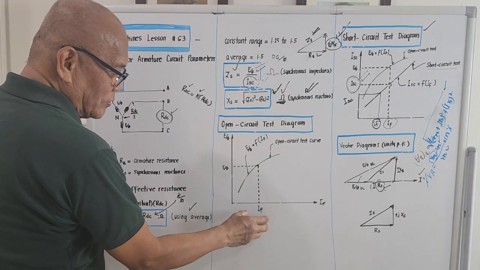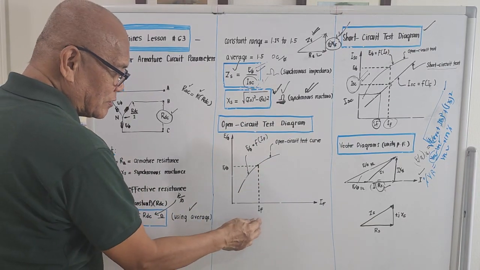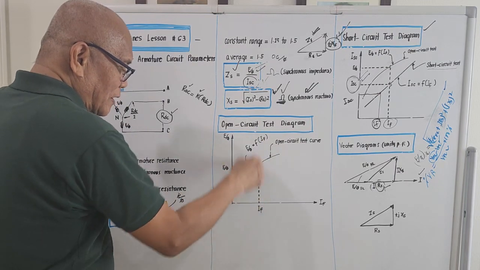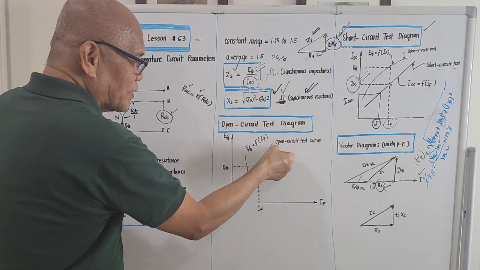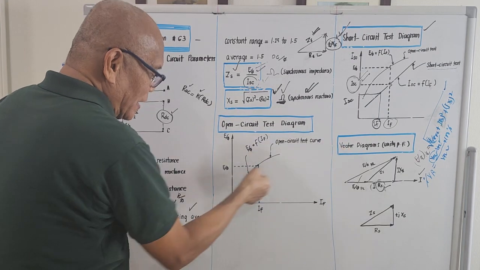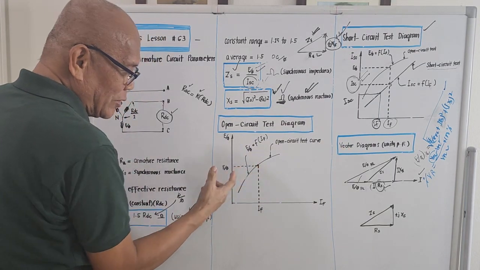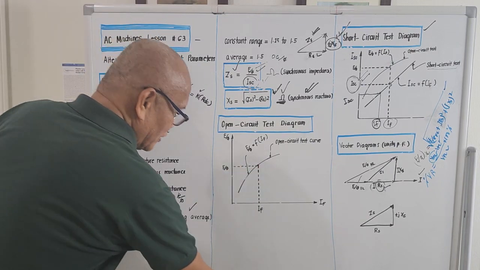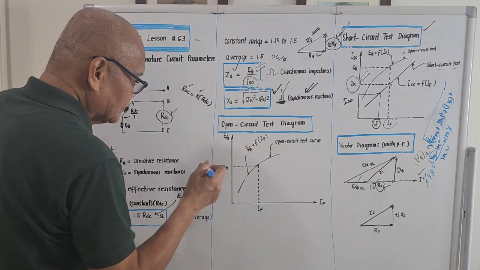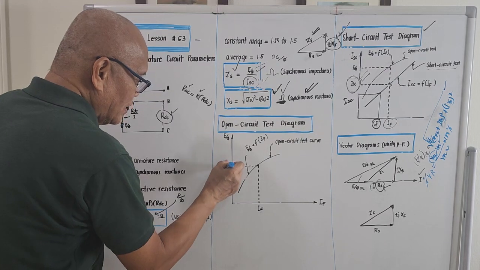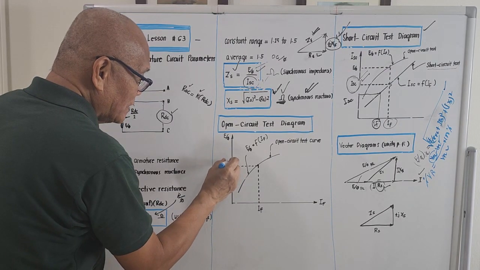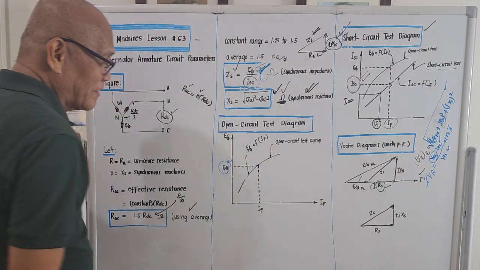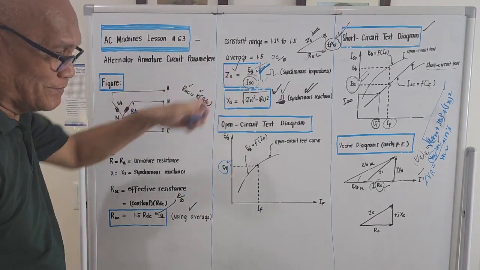If you excite that alternator at a certain I sub F, if you draw a vertical line, it intersects the open circuit test curve. And there should be a corresponding horizontal line emanating from this intersection. And this voltage per phase is actually this one, the one on the numerator.